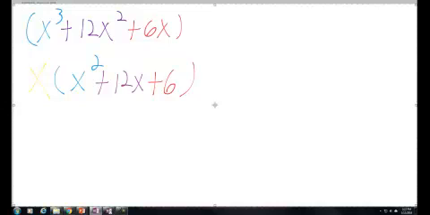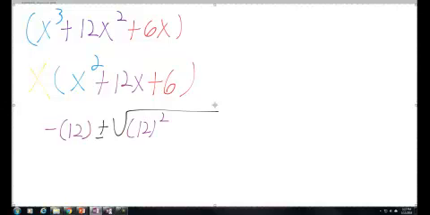We have negative 12. So always put that parentheses there not to get confused. Plus or minus the square root of 12 squared minus 4a, which is 1, c, which is 6, all over 2a.